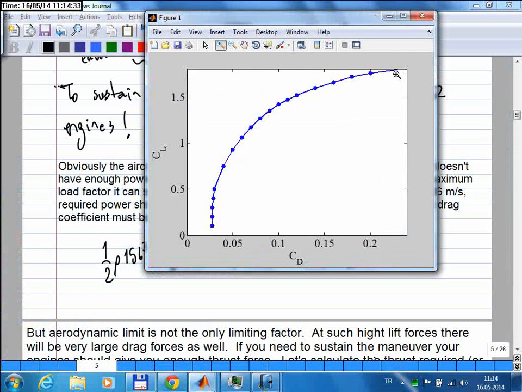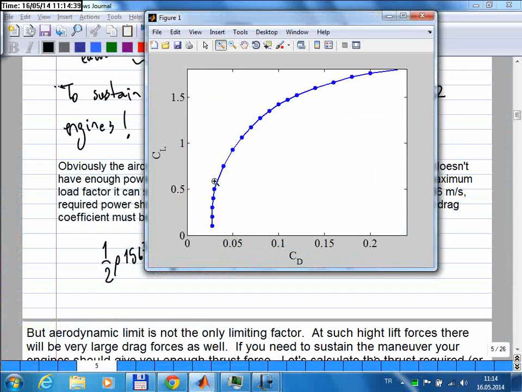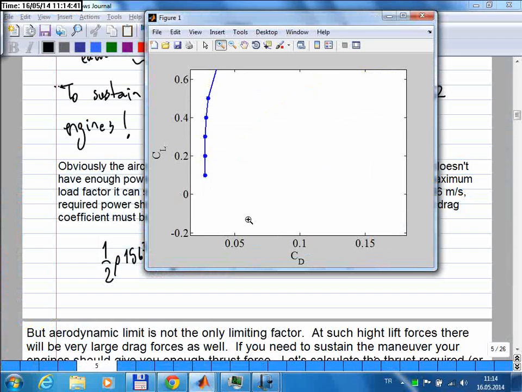So that means instead of flying at the maximum lift coefficient, you should fly with the lift coefficient where the drag coefficient is equal to 0.029.